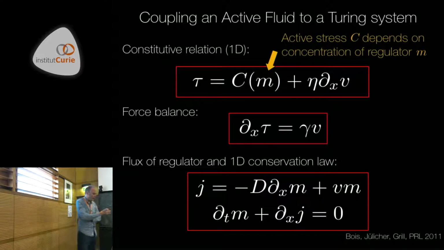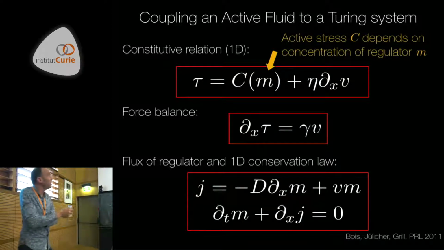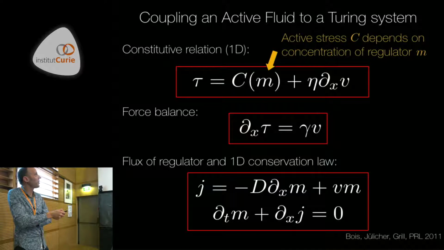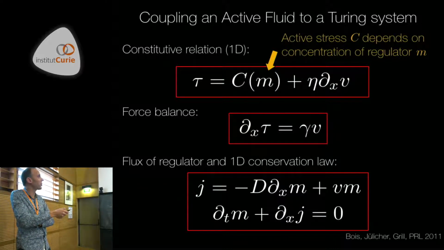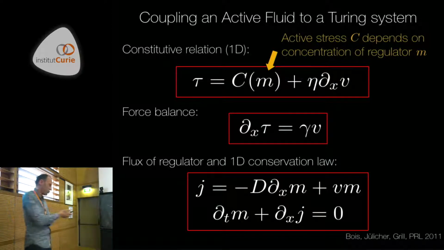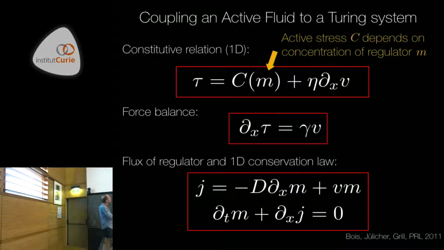What happens now is that spatial inhomogeneities in M will give rise to active stress imbalances, which will drive flows. And the flows, again, will transport the regulator because they contribute to an advective flux. I haven't specified here the type of relation between active stresses and local concentration.